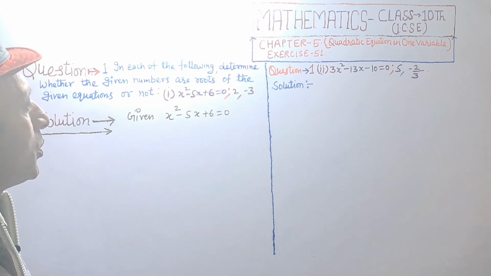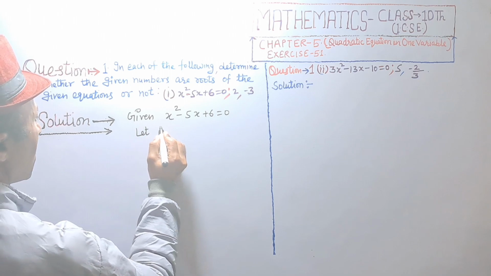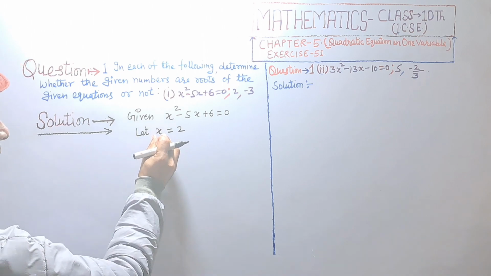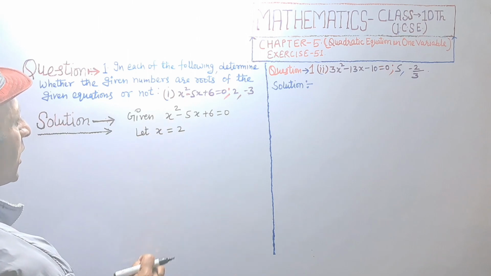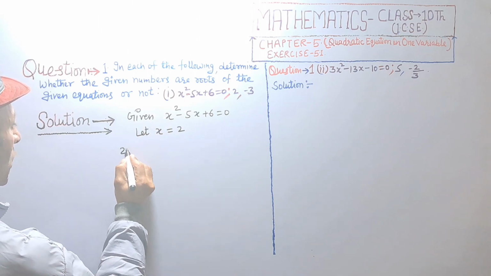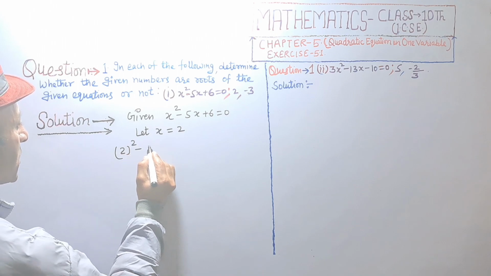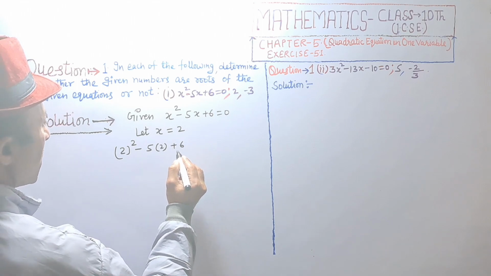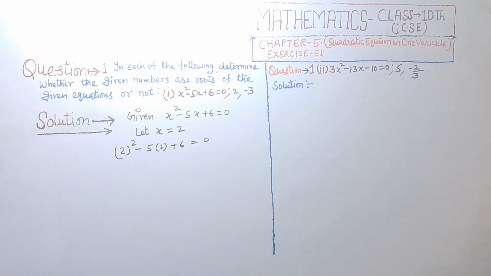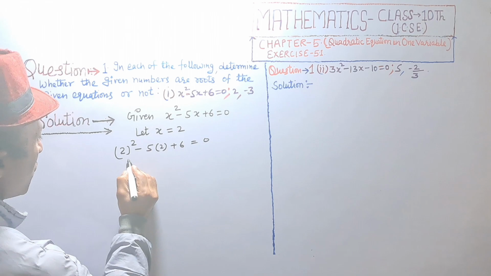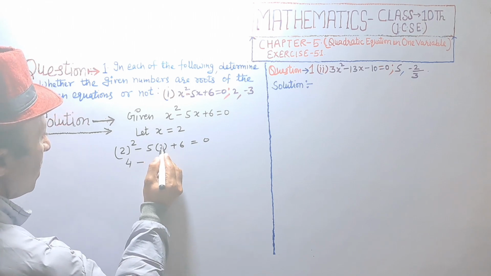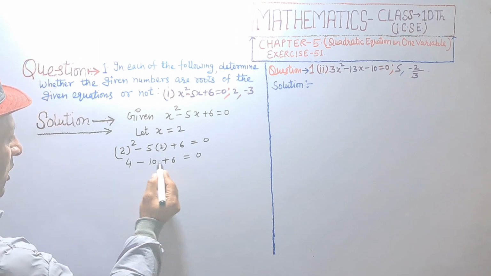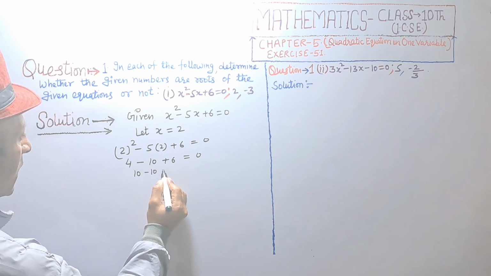First we put x is equal to 2. Let x is equal to 2, and we are putting x equal to 2 in the given quadratic equation, that is 2 raised to power 2 minus 5 into 2 plus 6 equal to 0. 2 raised to power 2 is 4, minus 5 2s are 10, plus 6, is equal to 0. 6 plus 4 is 10, minus 10 equal to 0.